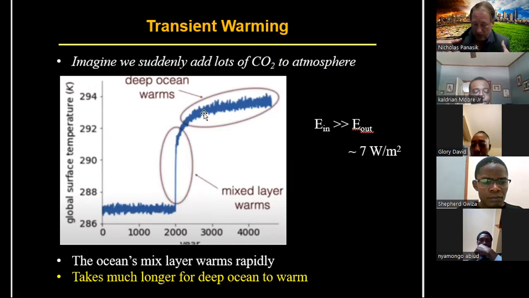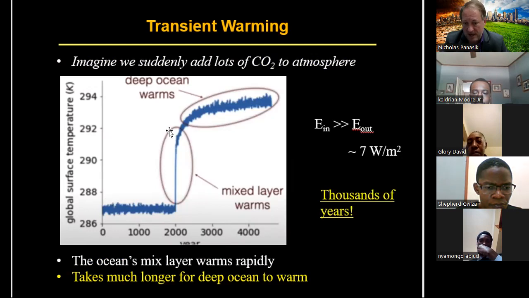Because remember, we were talking about if you started at equilibrium and then you do a sudden change, we know it's going to have to start warming up if there's more energy in versus energy out. In actual climate, an actual planet, how long does that take, and why does it take that long? Well, we've got warming of the mixed layer, and then the next thing we can warm up is the deep ocean.